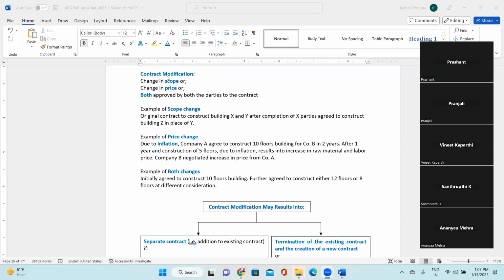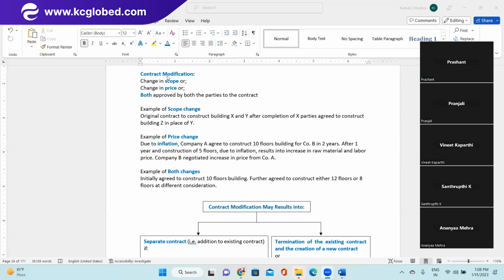So there is always a challenge between the contractor and the owner, and most of the time they end up discontinuing that contractor and looking for some other contractor. It's very normal in this industry, at least in tier 2 and tier 3 cities, from what I have observed from my experience. That is because of change in scope or change in prices.